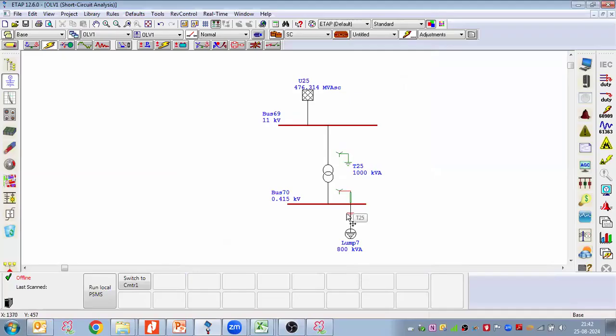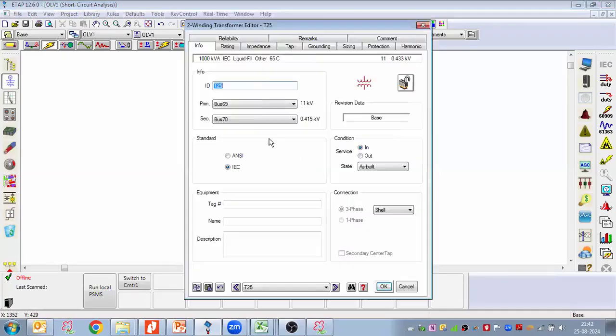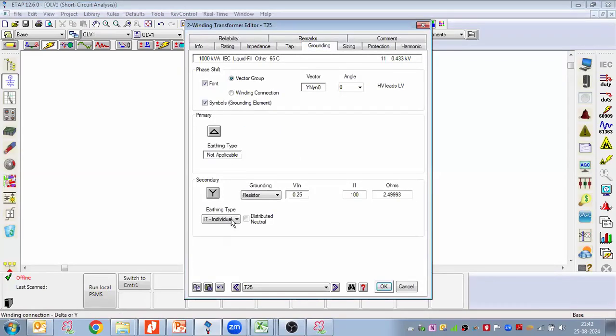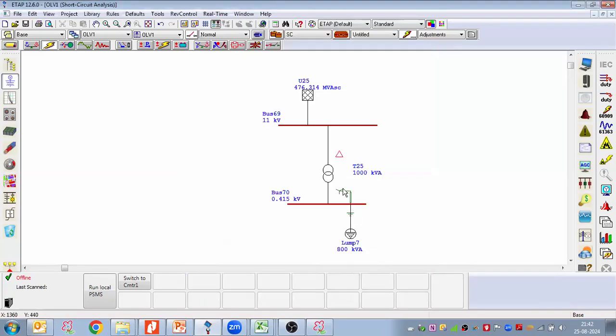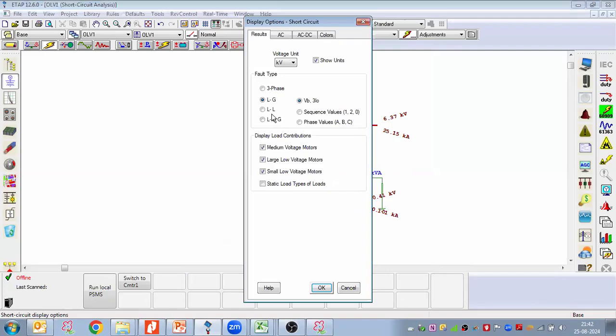It will appear. Let us take this delta star, right? Star is over here. Now delta star is solid resistive grounding, right? This is the case we are now taking. So now running the fault current, going to the display. Now L2G, and let us see the phases R, Y, B.